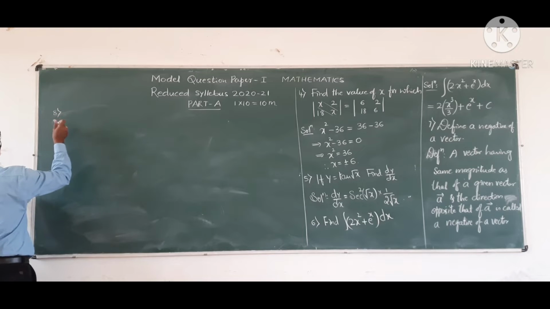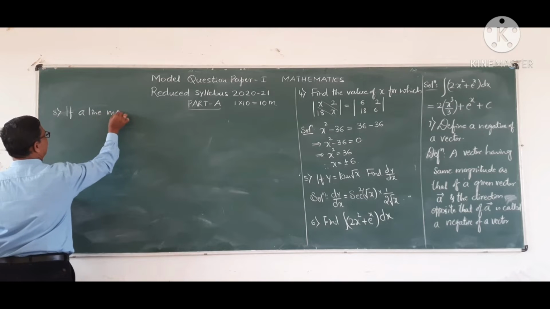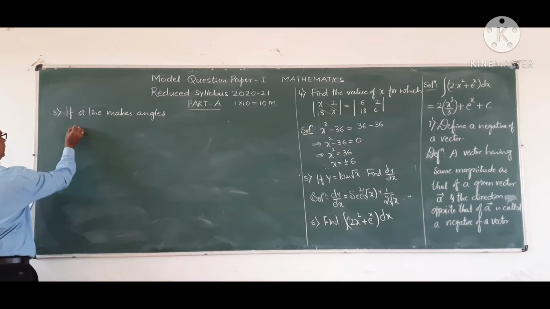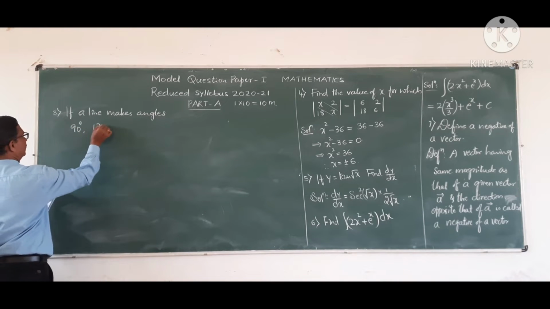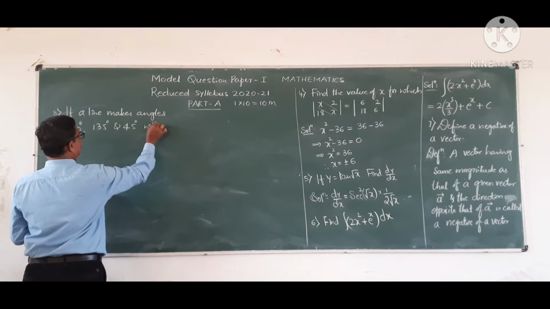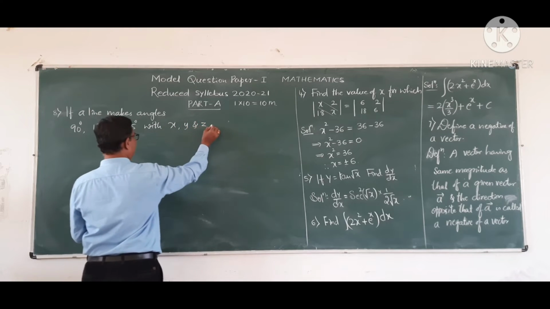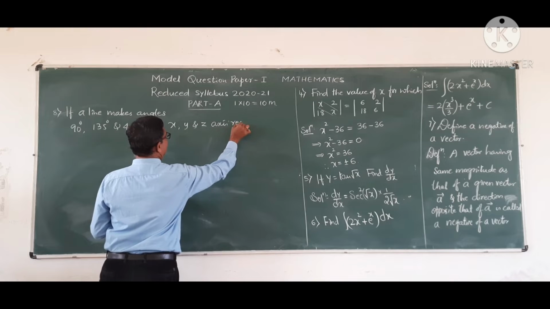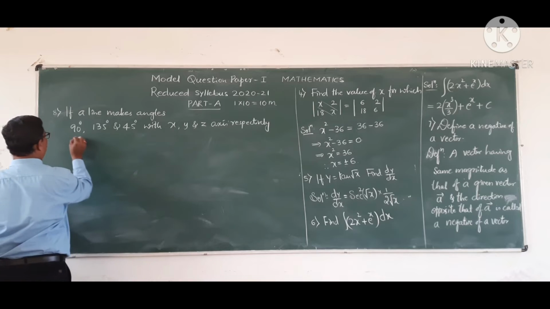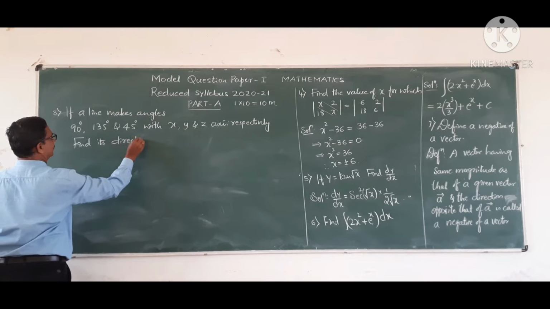Eighth one, if a line makes angles 90 degree, 135 degree and 45 degree with x, y and z axis respectively, find its direction cosines.